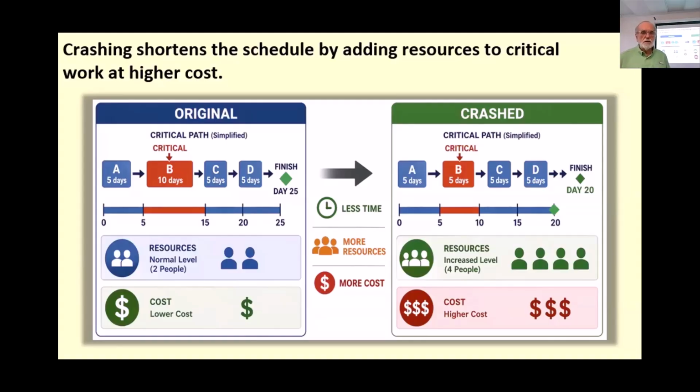So crashing is what we call a schedule compression technique that shortens duration by adding resources or increasing spending on selected activities so that we can complete them faster. In practice, that might mean assigning more staff, authorizing overtime, bringing in specialized expertise, or using additional equipment to accelerate the work. The PMI literature identifies this as one of the schedule compression techniques that go along with controlling the schedule.